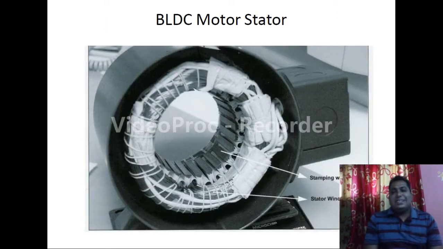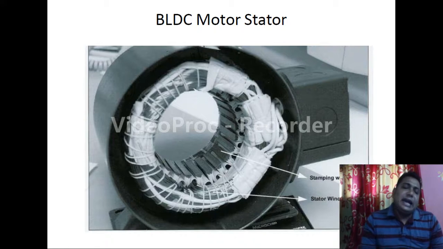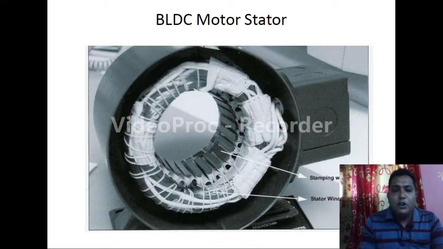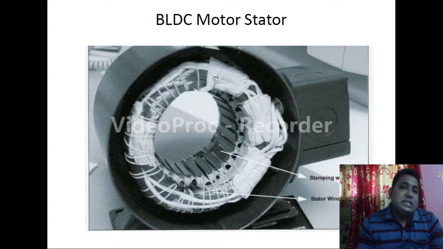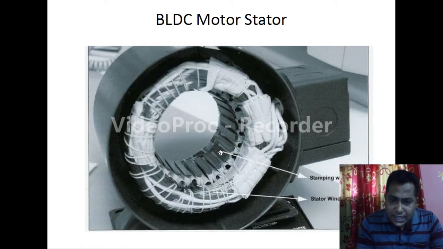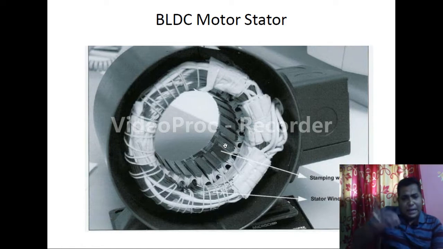Okay, so this is the stator section diagram, as you can see. So follow my pointer. In this section we can see there are lots of windings. And here these are the insulation that we have used, and all are parallel paths.